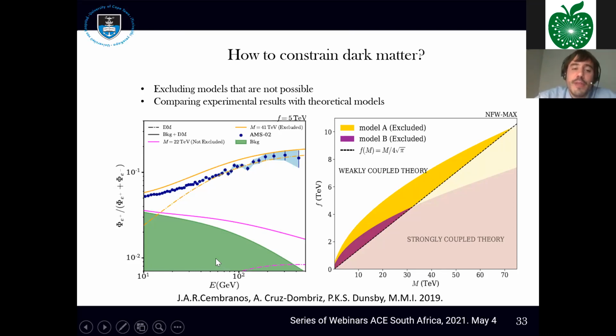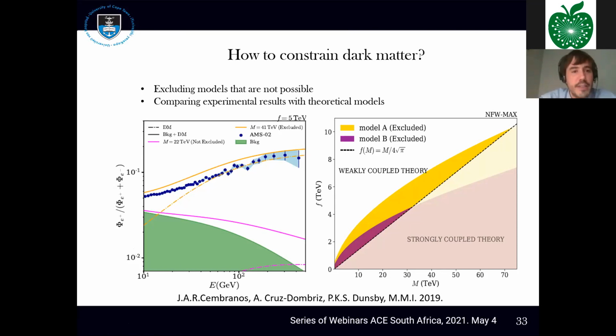The total received signal, if we include the dark matter signal and the background, is going to be this pink line here. What we say is the following: since the received signal is under the experimental data, we don't exclude this model, because maybe there's another source that we are not taking into account. So this model is not excluded.